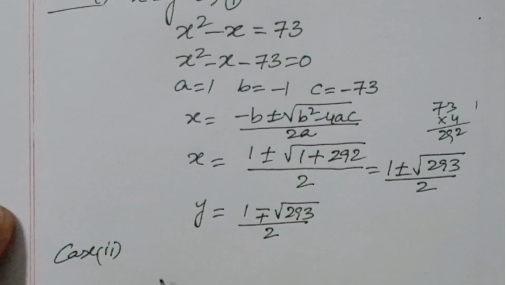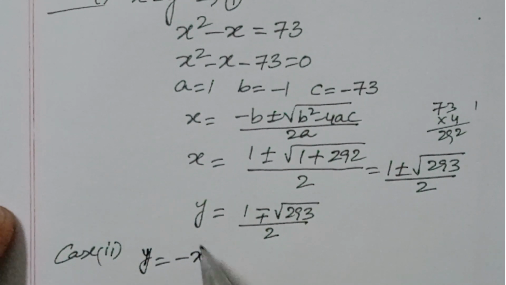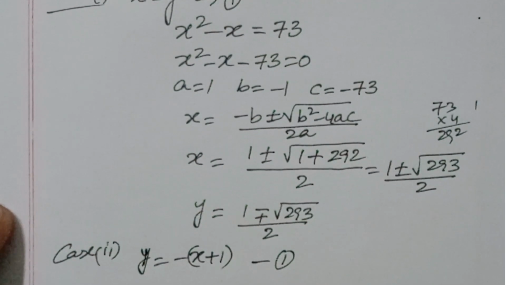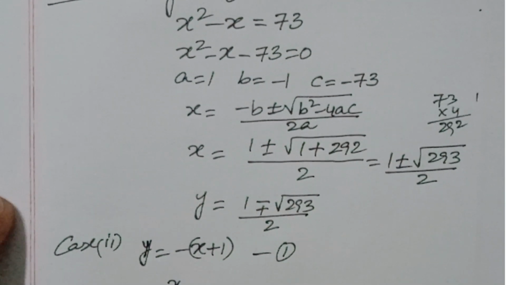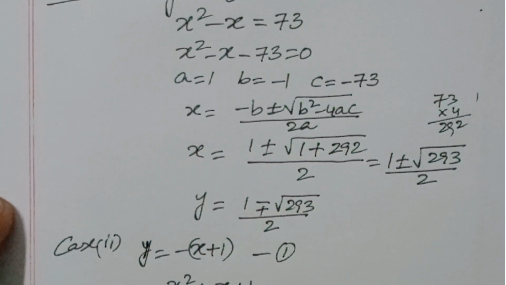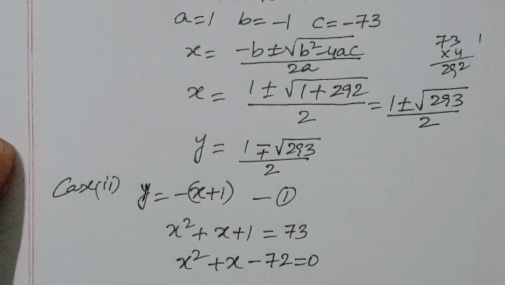Now take case 2: y is equal to minus of x plus 1, replace in 1. So x square minus of minus x plus 1 is equal to 73. So here x square plus x minus 72 equal to 0.